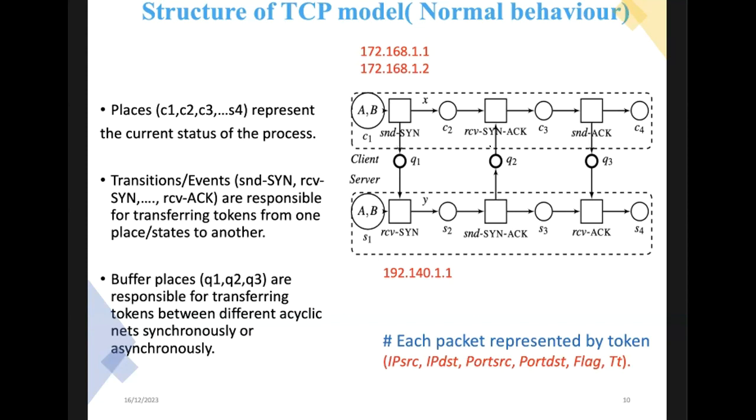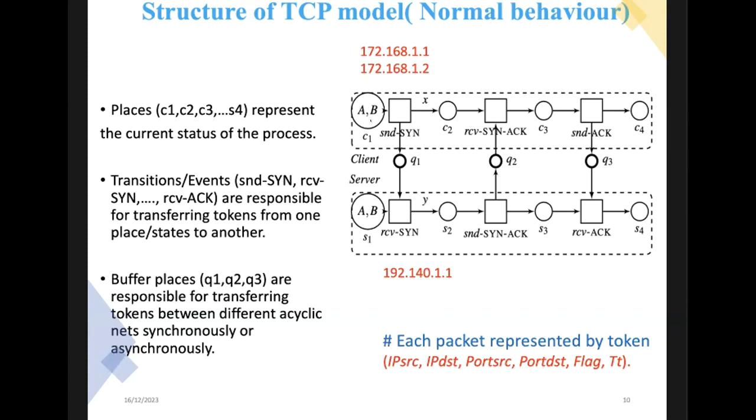Moreover, buffer places here, Q1, Q2, and Q3, represented by bold circles, are responsible for transferring tokens or packets between different acyclic nets in both synchronized and asynchronous communication.